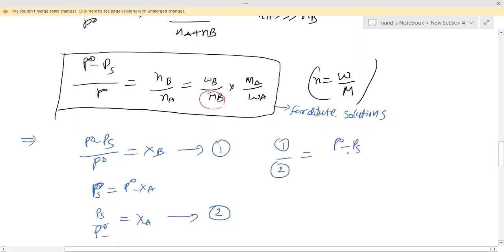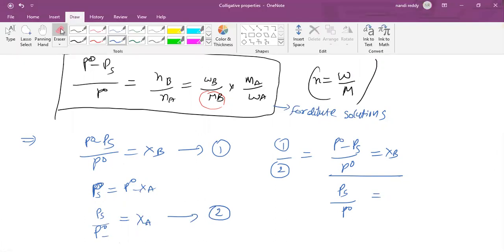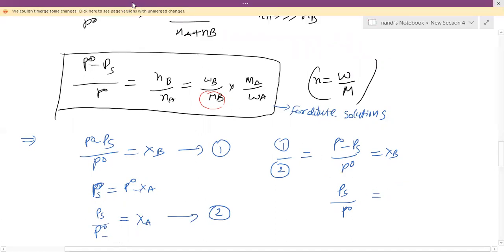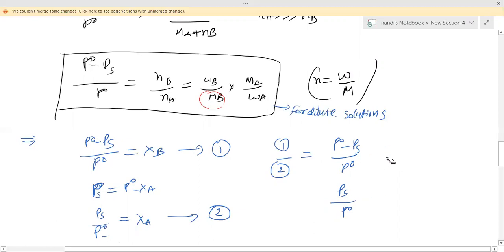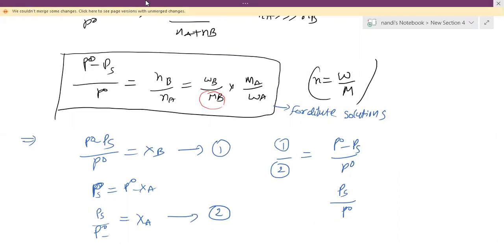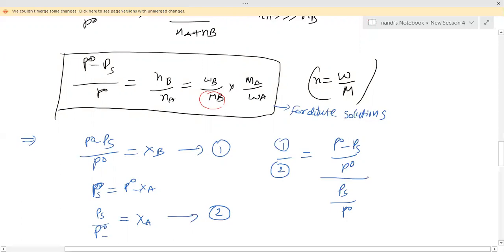(P naught minus PS) by P naught equals XB by (PS by P naught). Nothing but this is XA. So indirectly you can write XB by XA. Is it correct? Indirectly you are getting XB by XA.